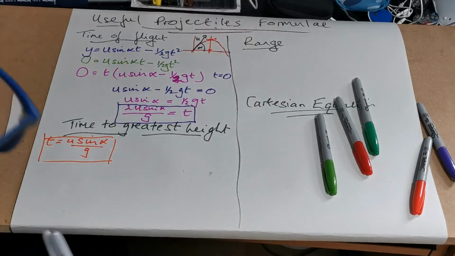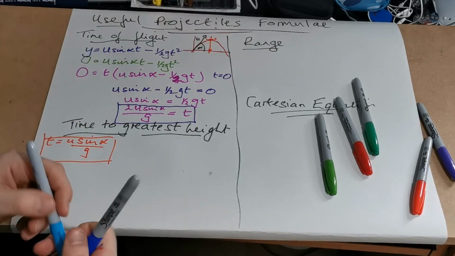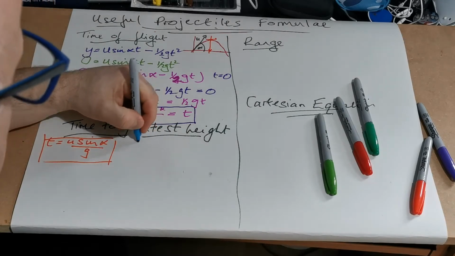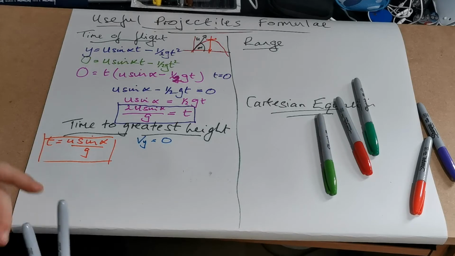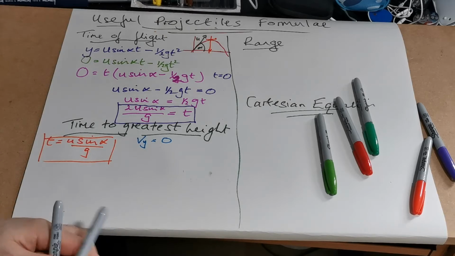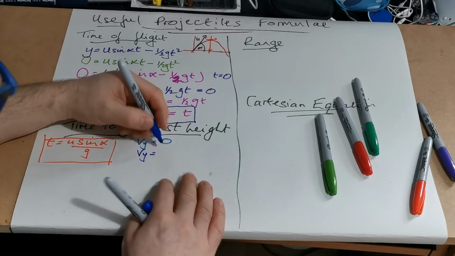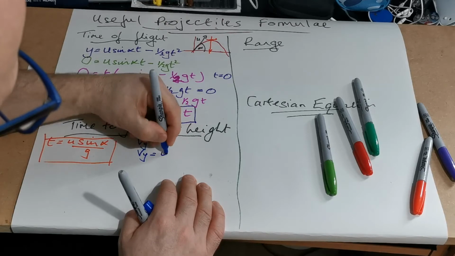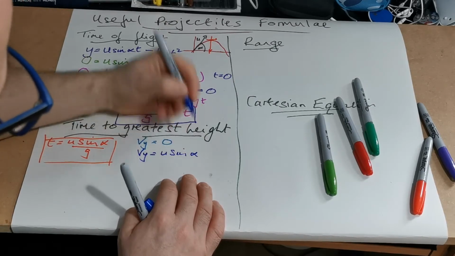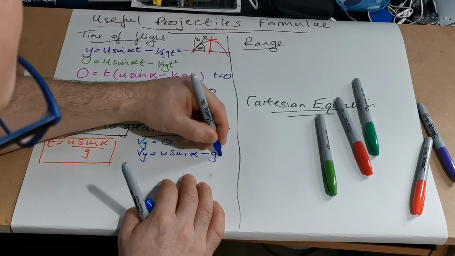Well, one thing we know about this point here is that the vertical velocity is equal to 0. So Vy is equal to 0. Now if I'm going to use, let's think this time, I'm probably going to use v equals u plus at, or a version of v equals u plus at. So Vy is equal to, now my uy is u sine alpha plus at would be minus gt.